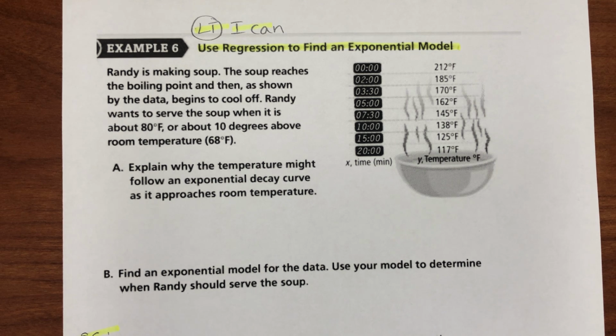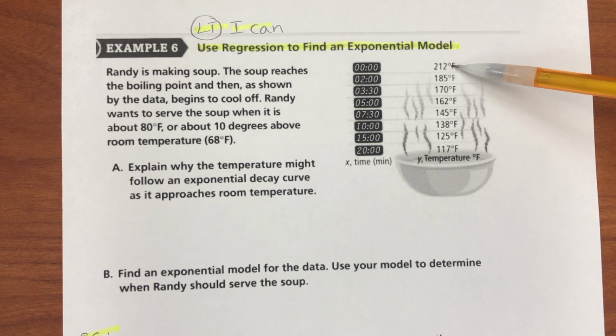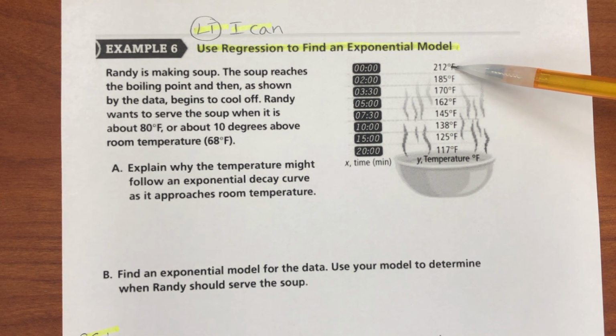All right, part A says, explain why the temperature might follow an exponential decay curve as it approaches room temperature. So you're starting out at 212 degrees, which is pretty hot.